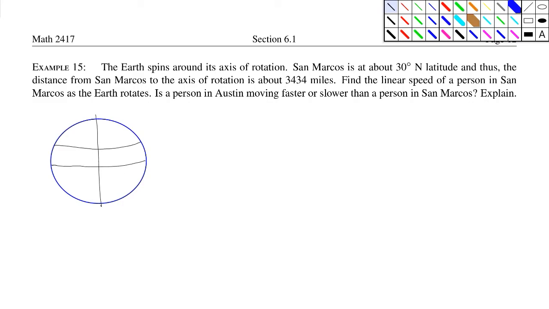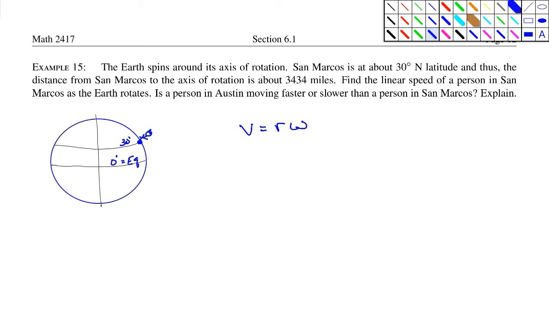And this is 30 degrees. So let's say that here's our person right here. Yay. And this is 30 degrees. All right. Now, the question is, how fast is the person moving? Mark the equator. The equator is 0 degrees latitude. All right, so how fast are they moving?